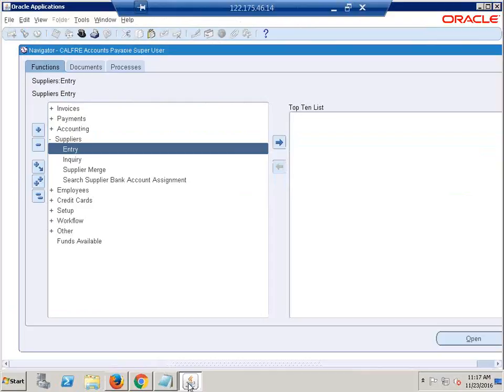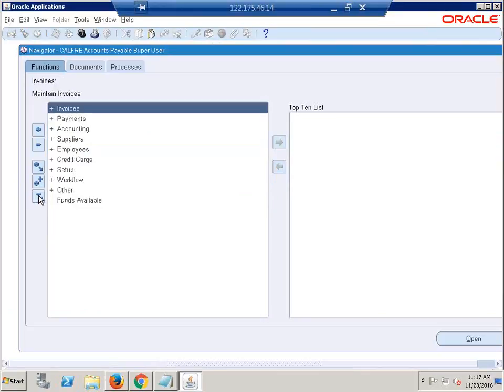Define interest rates. We have to set the interest rates. For the navigation, you can call it create interest rates, define interest rates or set interest rates, any term you can take.